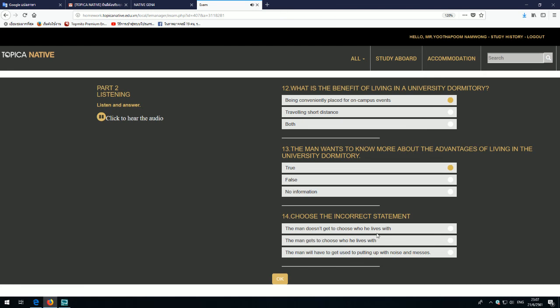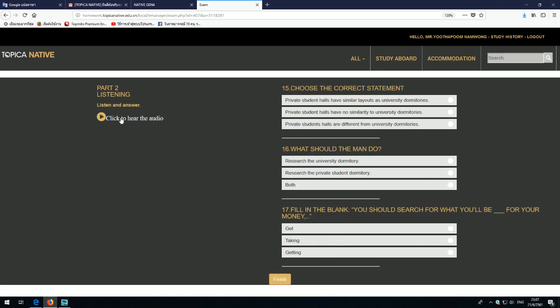Well, you don't get to choose who you live with, and you will have to get used to putting up with noise and messes. Oh, I see. What about a private student dormitory? A private student dormitory is similar to dormitories managed by universities, but it's owned by a private company.